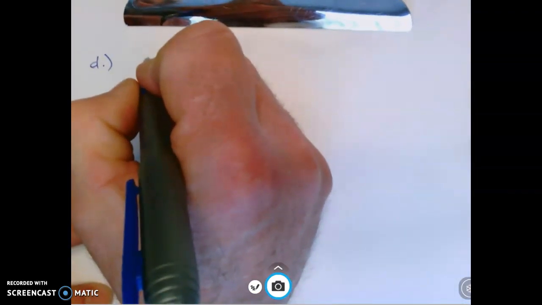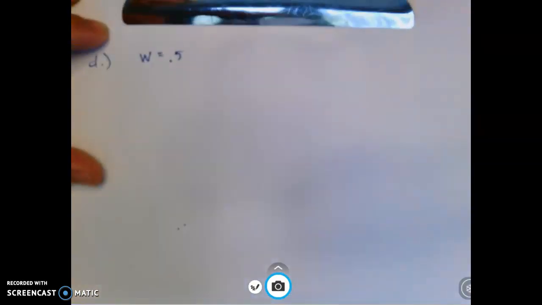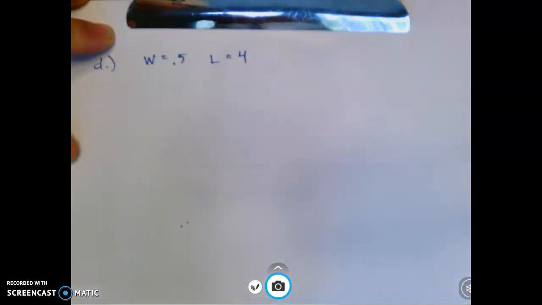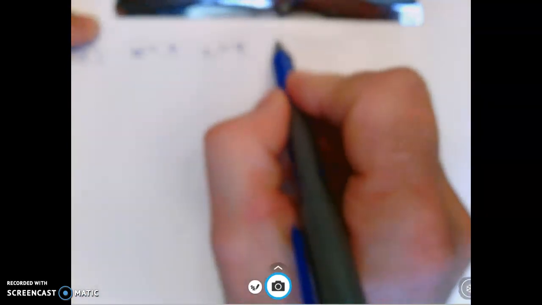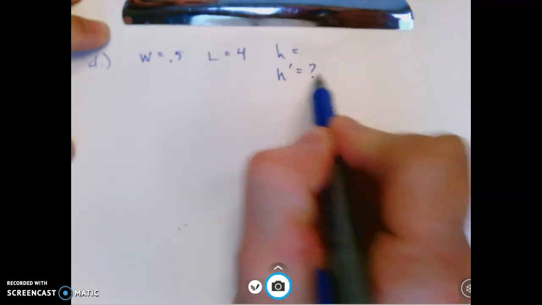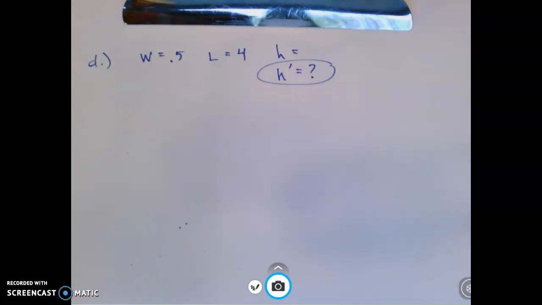So we have our W equals 0.5, our L equals 4. Again, we don't need to concern ourselves with limits at this point. Our H is our unknown, and our H prime is our question mark. That's what we're looking for. Okay? And then they say at T equals 6, what is the depth of the water?